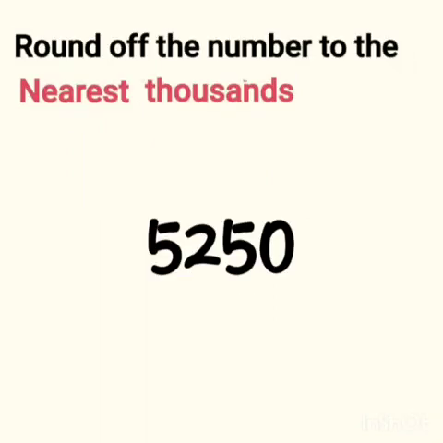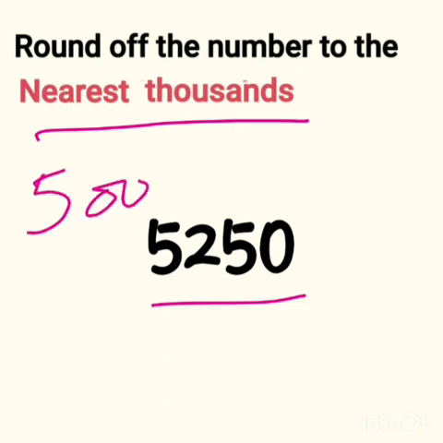Okay. So children, what about this number? We have to round off the number to the nearest thousands, right? So 5250 lies between 5000 and 6000. So I need to round it down.